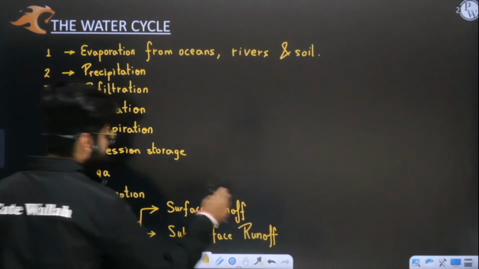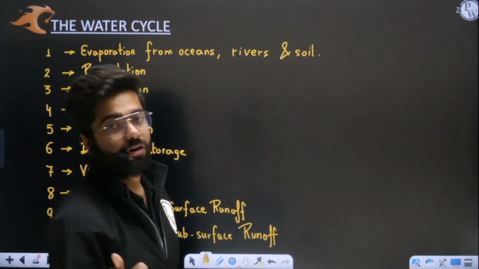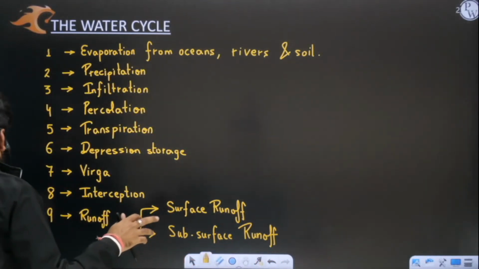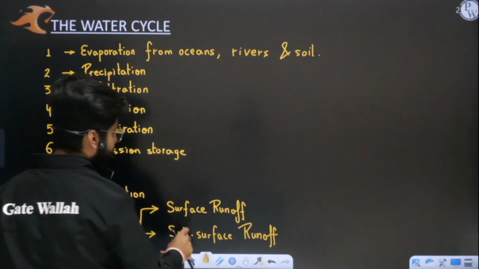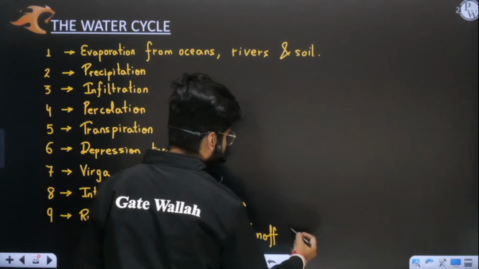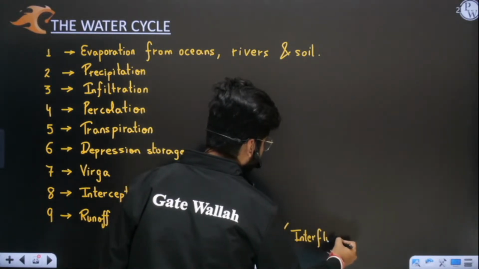Okay, surface or subsurface. So runoff is happening in two forms: above the surface or below the surface. You need to understand this. So below the surface, whatever water is running off, we are calling it interflow or subsurface flow.